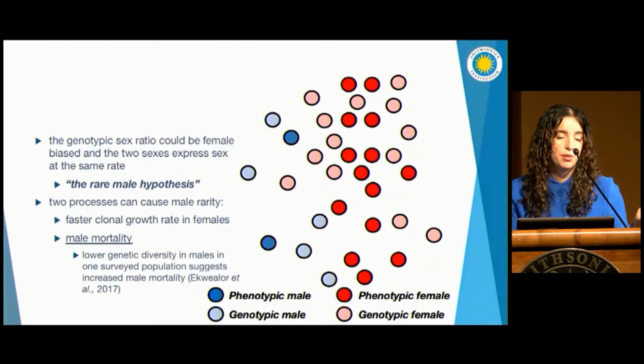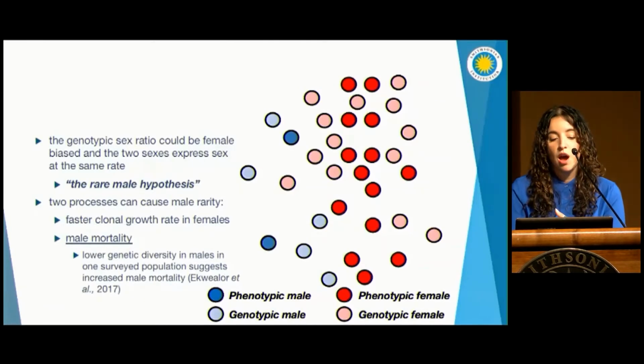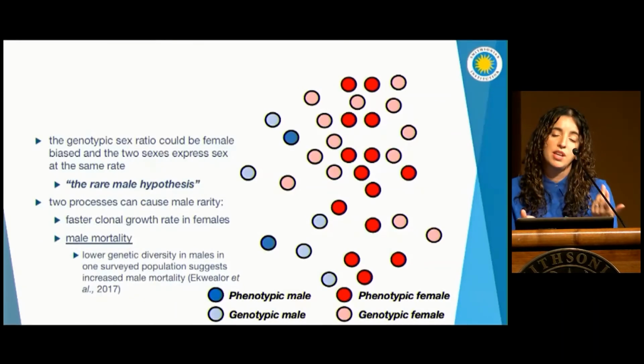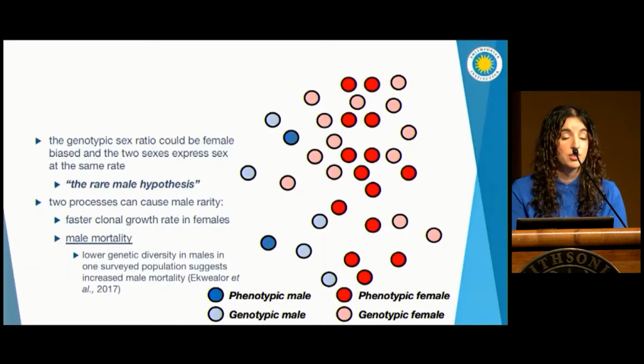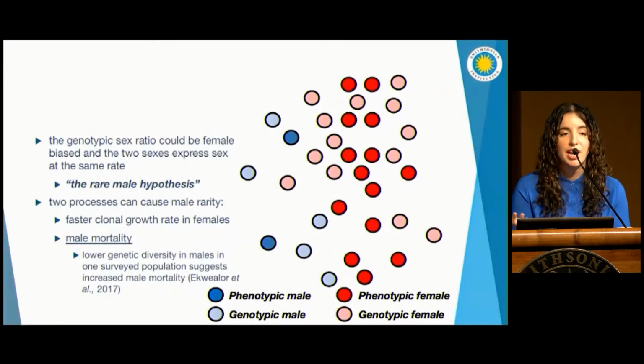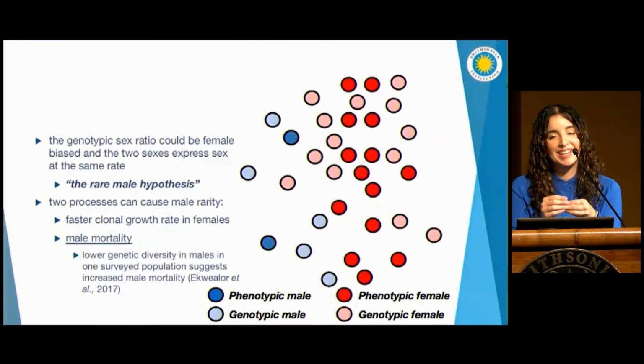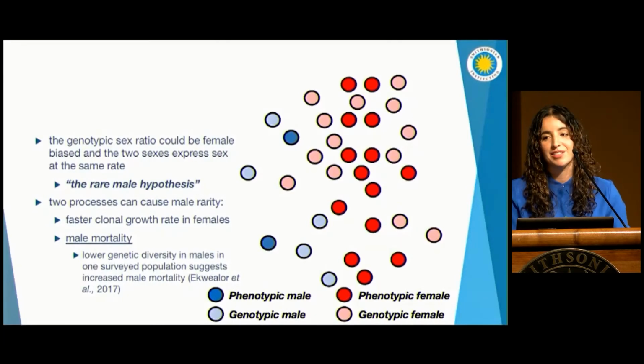And actually a paper from 2017, the population genetics one I referenced, we found evidence that males have lower genetic diversity, which is suggestive of actually more increased male mortality in the species. This was at a different population, so we don't actually know the answer to this for these legacy samples from Bowker et al. 2000.